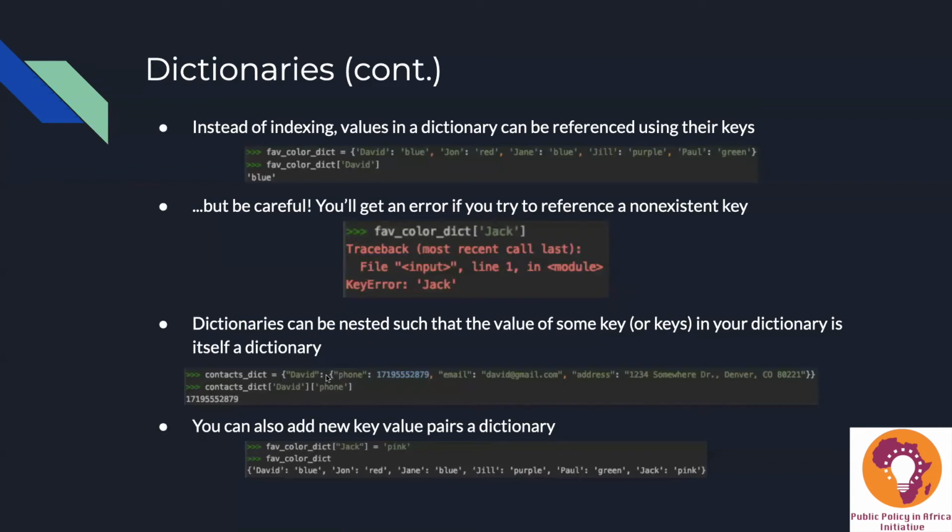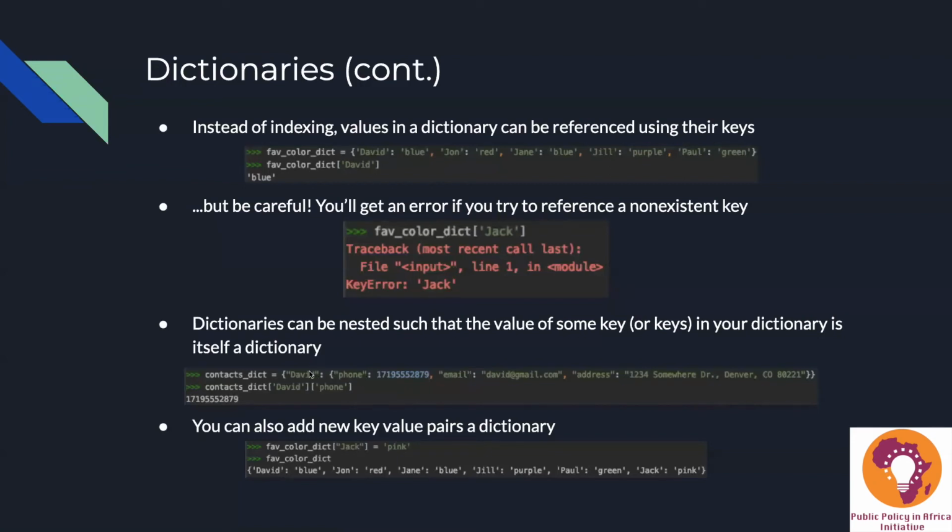Since it's a contacts dictionary, we have the phone number and then a number. We have an email and then an email address, the address, and then some address here. Remember, again, key value pairs. They're very important to recognize in this particular case.